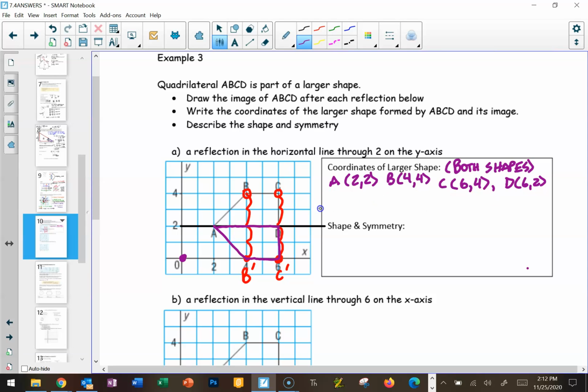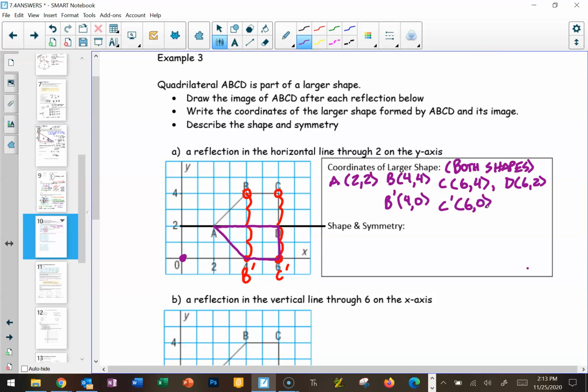Now we're getting to the new points, right? So let's say point B prime, I'll just line it up with point B over here. Point B prime is over 4, and on the x-axis, so that would be 4, 0. And then C prime is also on the x-axis. It is over 6, but it doesn't go up, so it's at y equals 0.